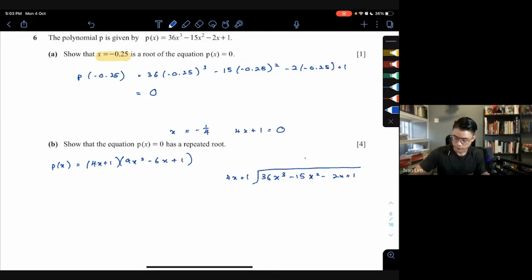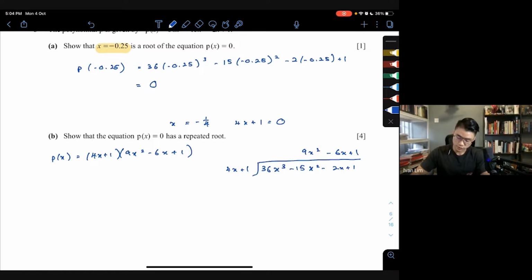If you use other methods, totally fine. It's just that the method I always teach you is long division, which is easy to do. Make sure you show your full working, because that will be 1 mark also.